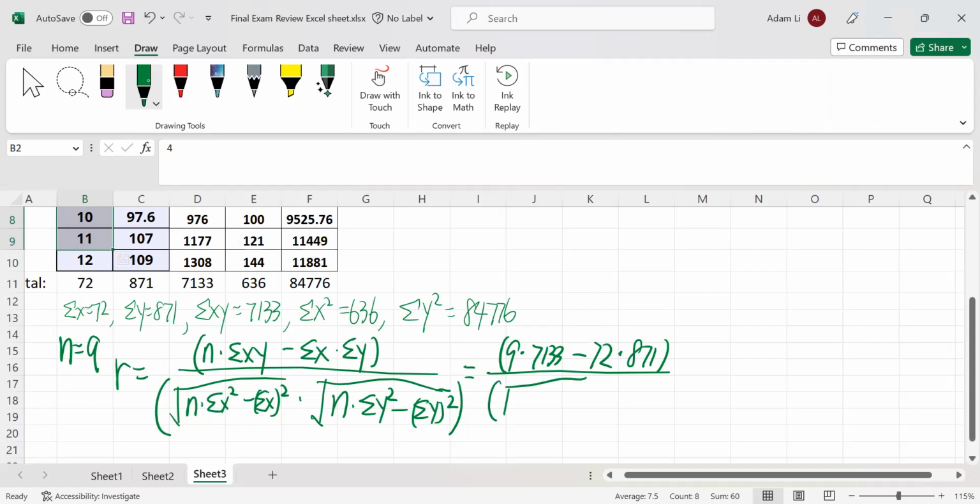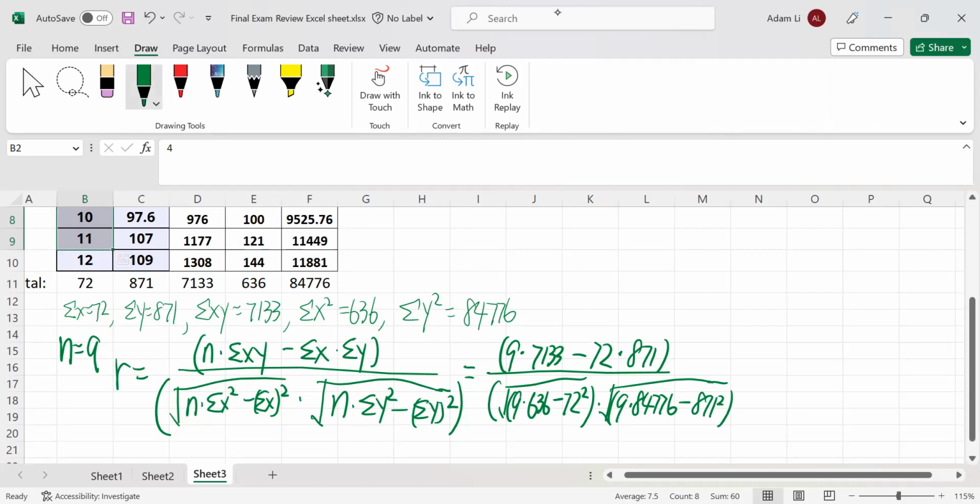The first square root is 9 times total x squared, 636, minus 72 squared. That's the first parentheses square root. Second square root: 9 times total y squared, 84776, minus total y 871, squared.